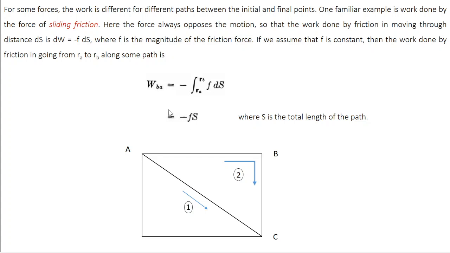So the work done is minus f times s. You can notice that for path 1 and path 2, the length of the path is different. That's why the work done is also different. So frictional force is one example where the work integral is no longer a state function. This is strictly a path function.